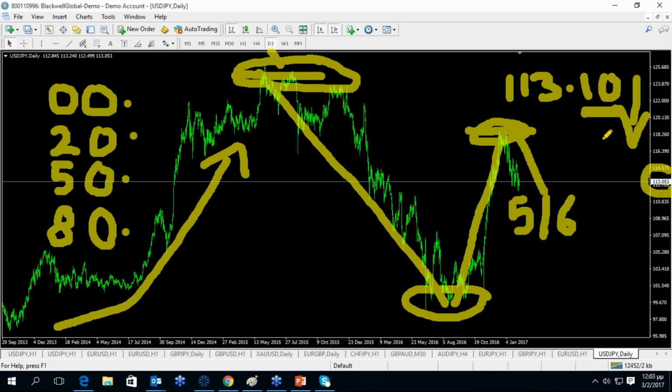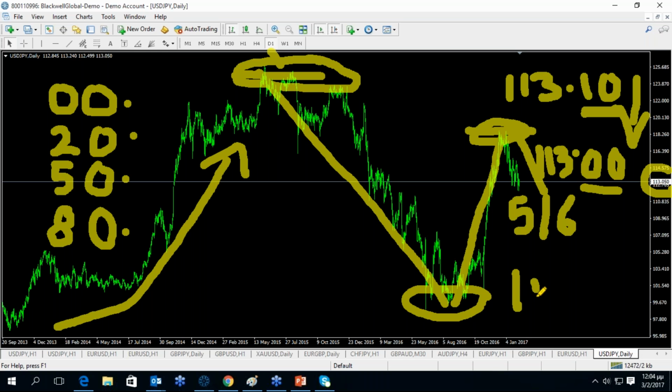But as it goes lower, the psychological number that is closest is 00. So you've got 113.00. Now it's closest to the 00, and if you would like to sell, it's best to sell at least about 10 pips below that number there.